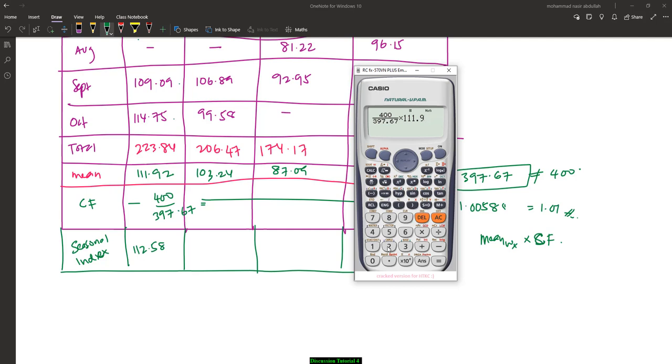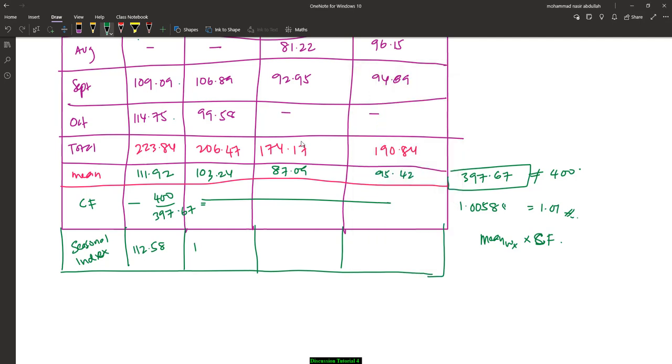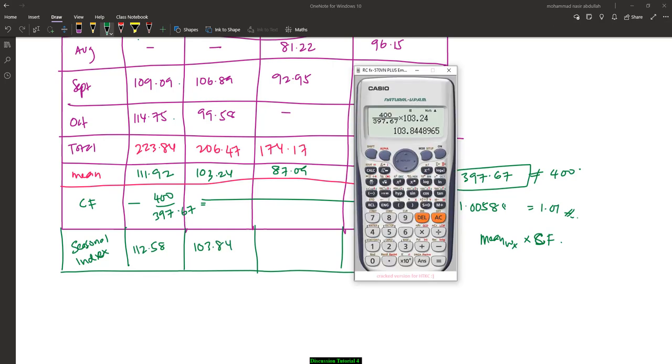So you will get 112.58 lah. So yang the next one you tukar saja ke atas ni. Right, divide by multiply by 103.24. So 103.84. 103.84, is it?